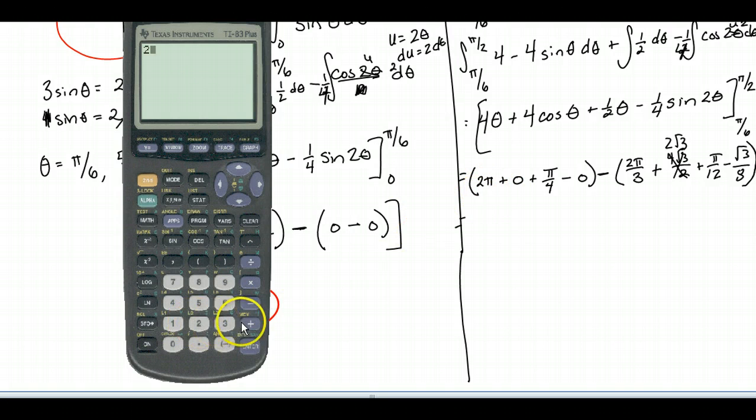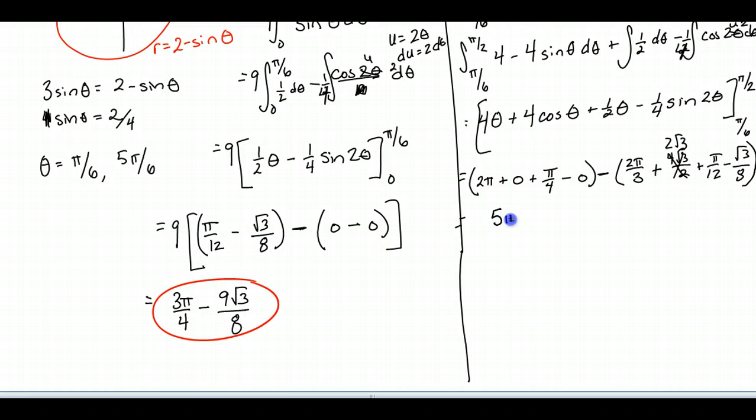So I have 2 plus a fourth, so 0.25, minus 2/3, and plus 1/12. And that should be good. Make that as a fraction. Probably could have done that in our heads. We have 5 pi divided by 3. So I've accounted for those terms.